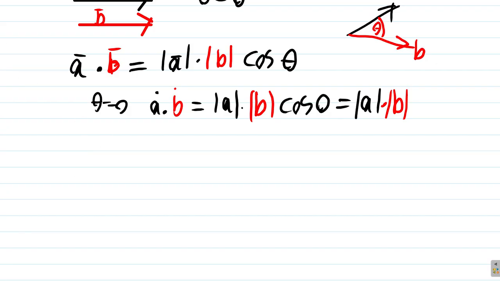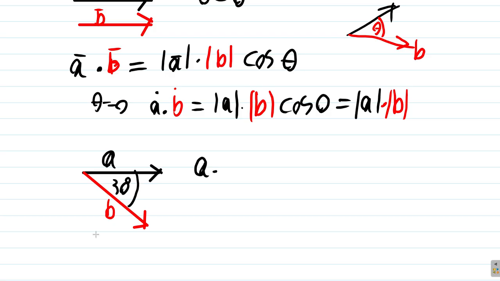Now, suppose you have a case where A is somewhat like this and B is at an angle here. It's somewhat like this, right? Now, this angle here, let's call it 30 degrees. Let's work in degrees for now. Then A dot B would be equal to the magnitudes times cosine 30.